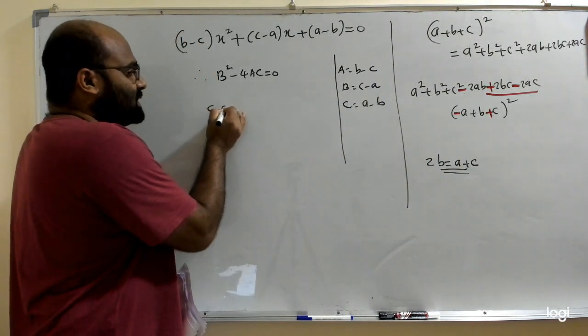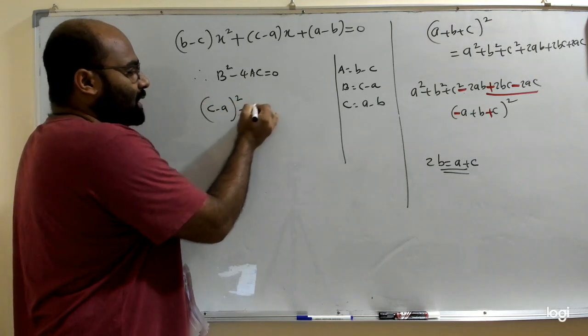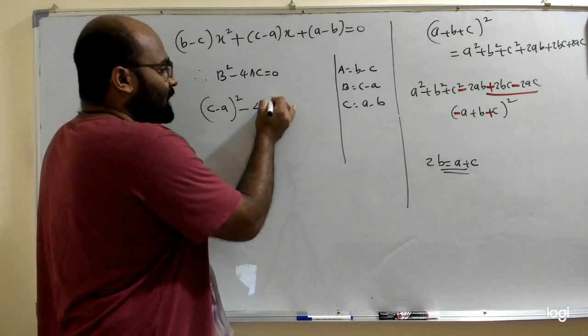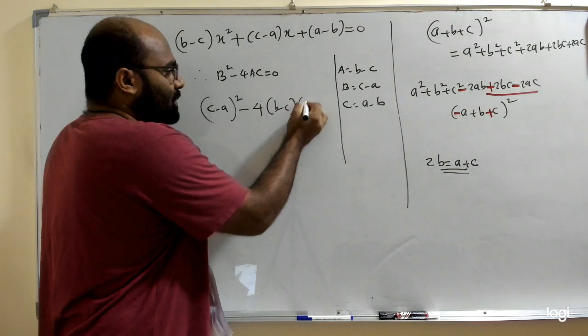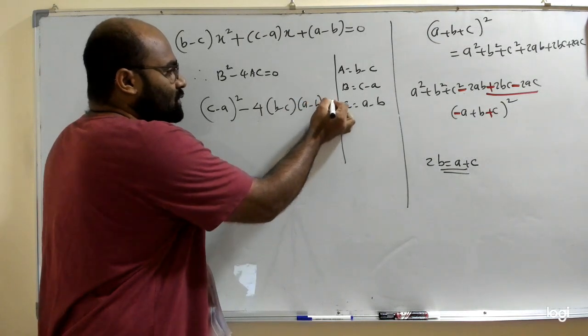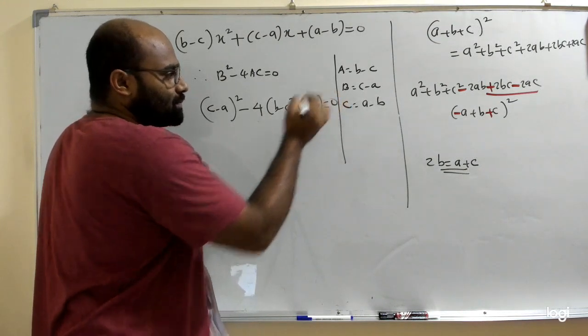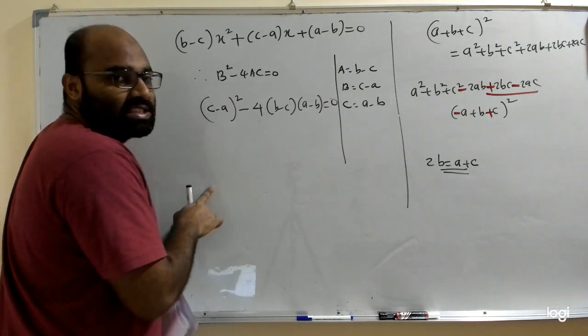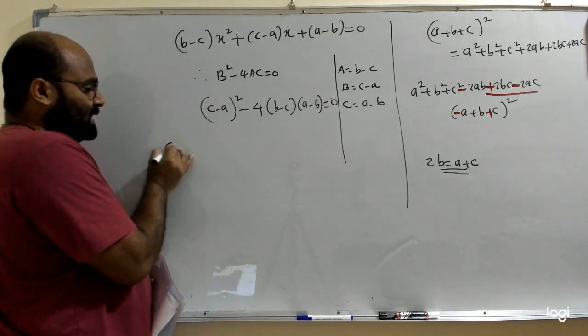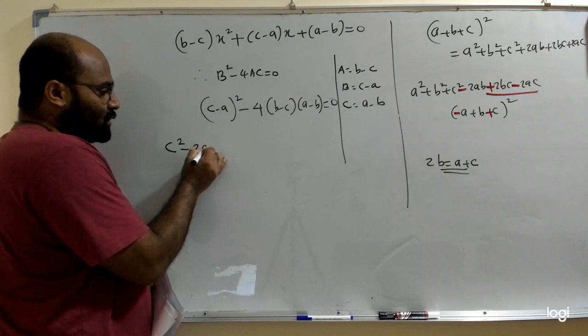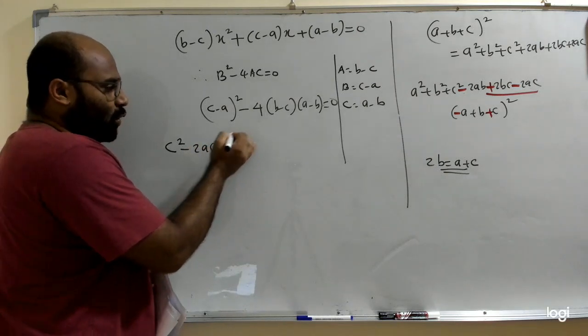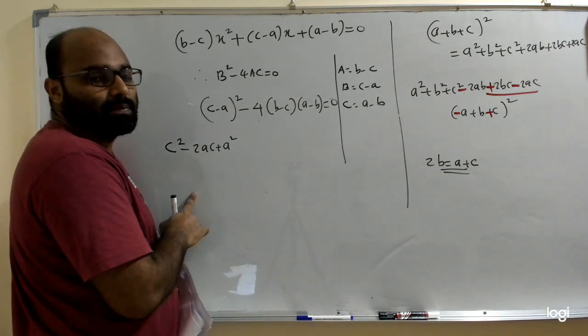c minus a whole square minus 4 into b minus c into a minus b equal to 0. I just substituted it. Now we have to expand. What is c minus a whole square? c square minus 2ac plus a square. You know what is a minus b whole square?